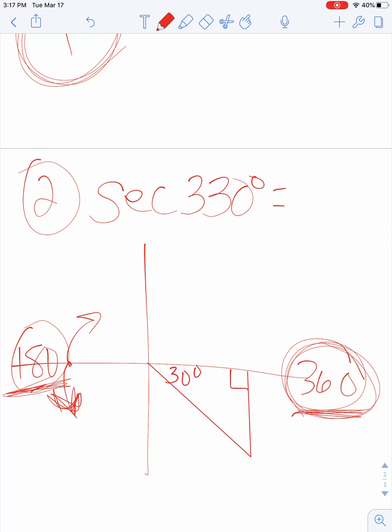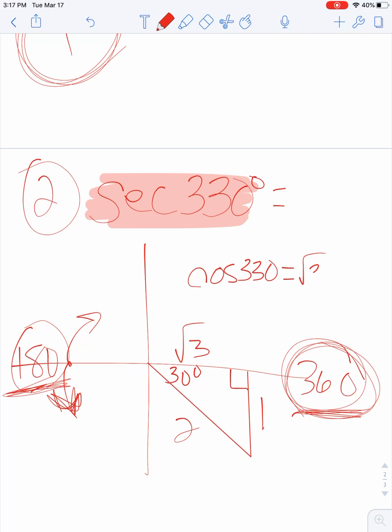All right, so now I label my triangle. Opposite the 30 is 1. Opposite the 60 is root 3. Notice I don't even need to write in the 60 here. I don't really care. My reference angle is 30. Hypotenuse is 2. So secant. Secant is the reciprocal function of cosine. So I'm going to think of cosine here first. I'm going to say, what's the cosine of 330?